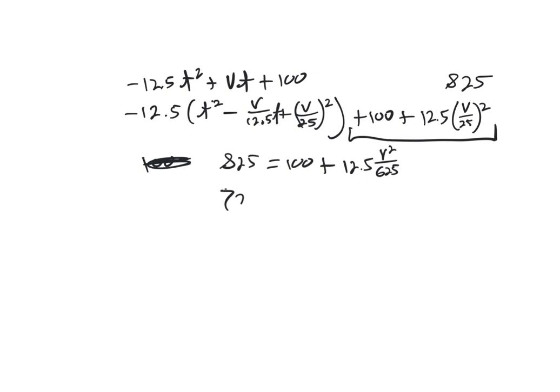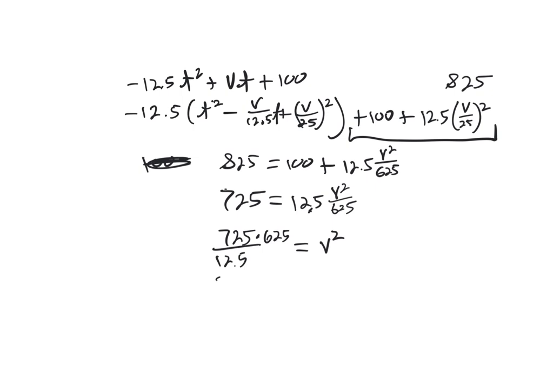We'll get 725 by subtracting 100 from both sides, equals 12.5 times v squared over 625. Here we're going to divide both sides by 12.5, and multiply both sides by 625, and that's going to be equal to v squared.